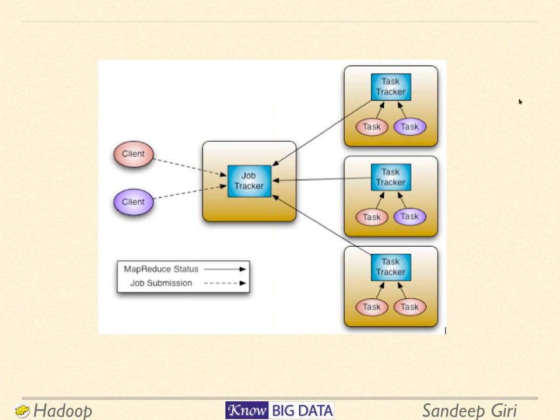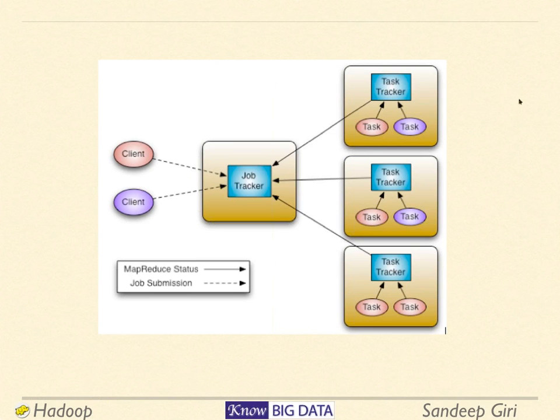So a job tracker is supposed to know about the name node. When you ask the job tracker to execute this, and this code depends on input from this file, the job tracker will go and talk to the name node, asking which nodes have this particular file.